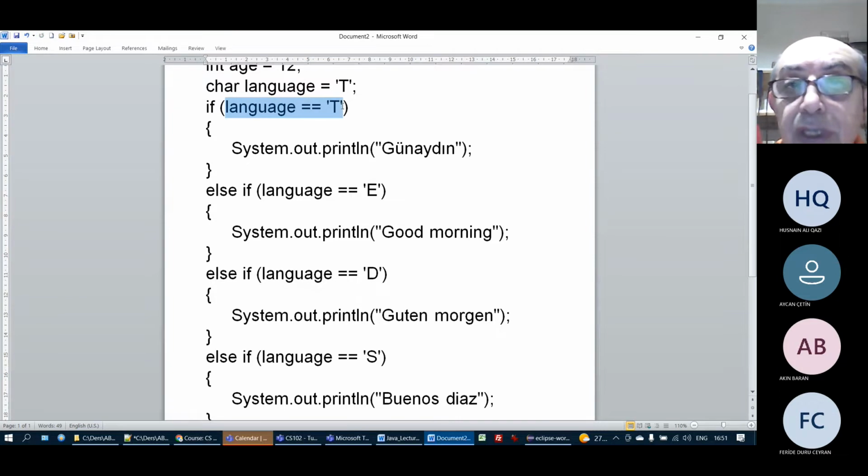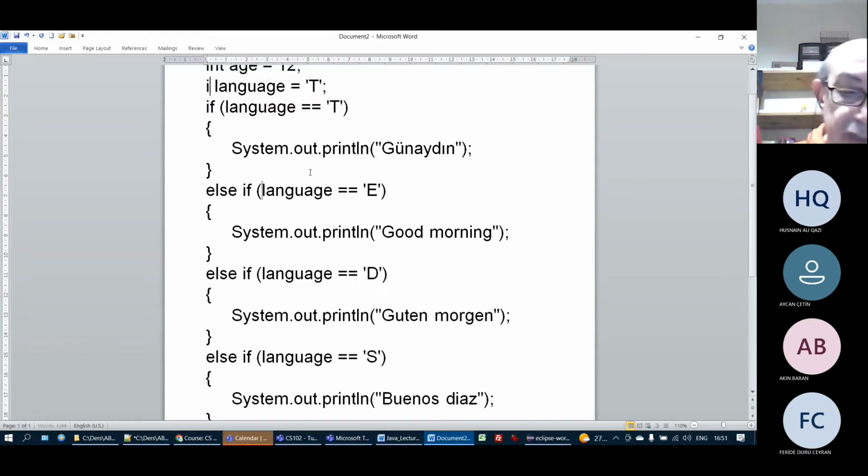The previous example is by ranges of numerical values, but here we have just comparing the same variable with some specific values. If it is T, do this. If it is E, do this, etc. Or it can be, for example, an int. If language code is 1, it is Turkish. Or instead of T, I can have this.